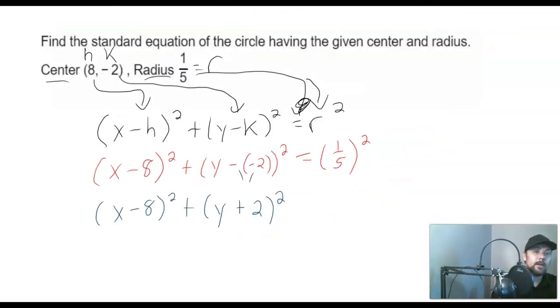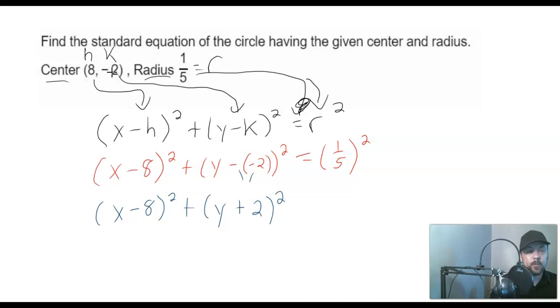So students will think, well, when I go in this direction, if k is negative, I got to switch the sign and plug in +2. But you don't have to do that because the formula switches the sign for you. So notice that we have -2 up here as our coordinate for the center, but +2 in the formula. The formula took care of it. So you don't have to change the sign here.